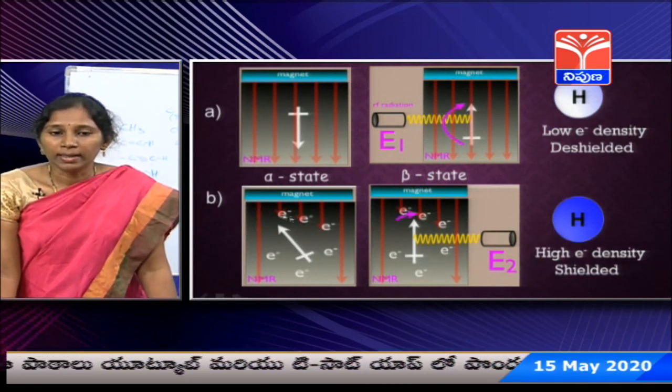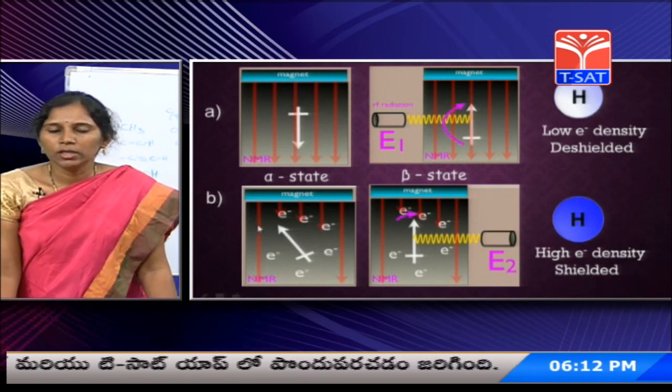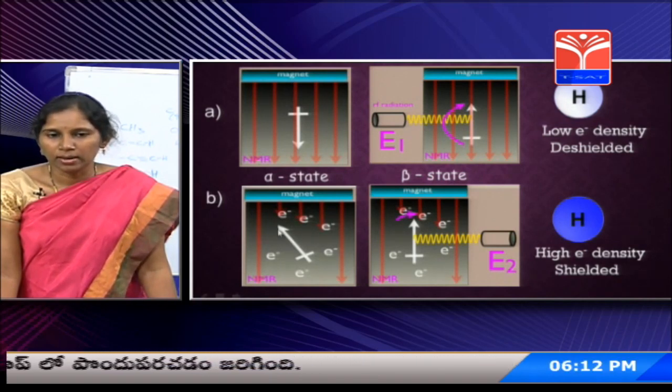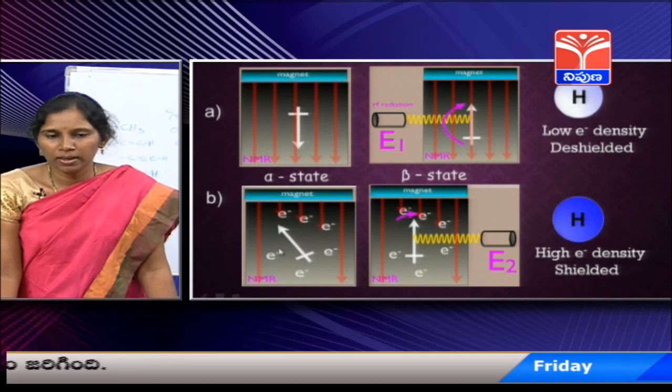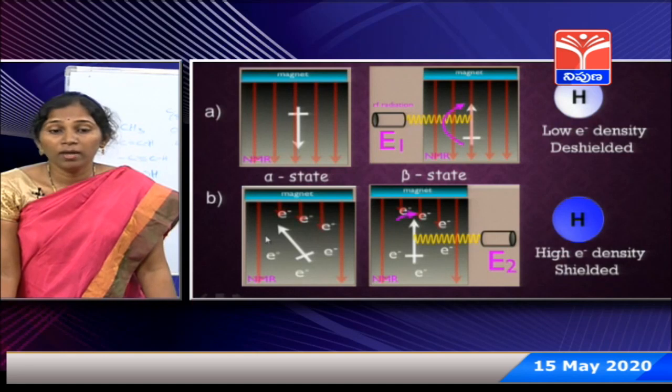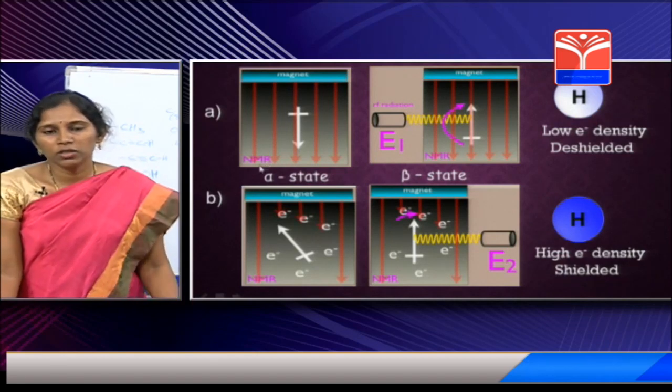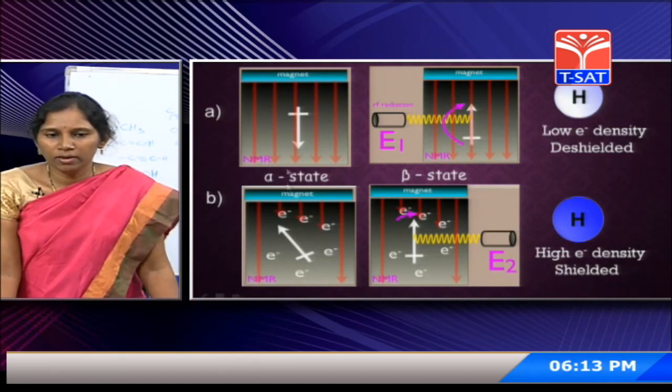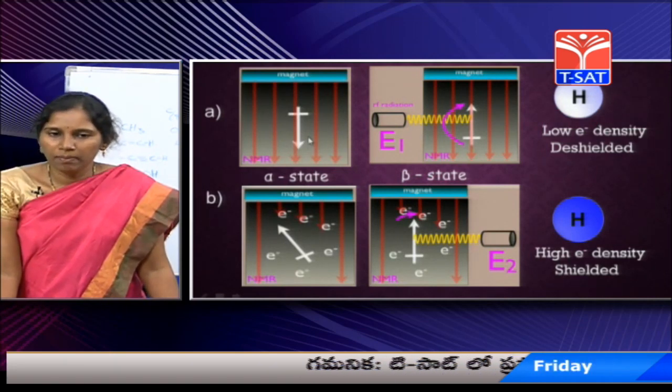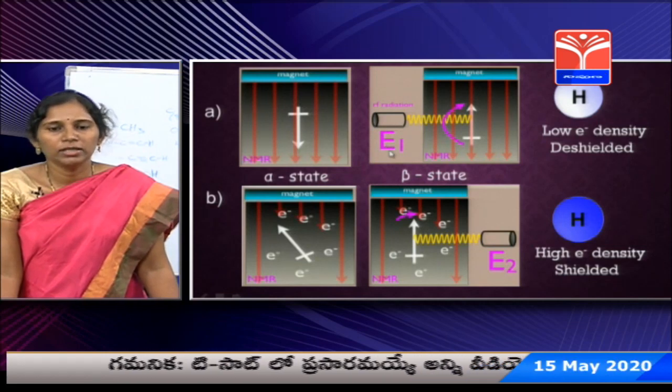Here 30 minus 4, 26 units only it experiences. Here high field strength, here low field strength. Then where will be high precessional frequency? Here it will be high precessional frequency. High precessional frequency means high energy is required.